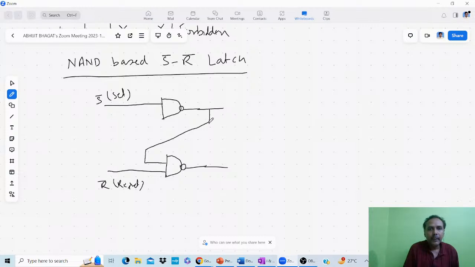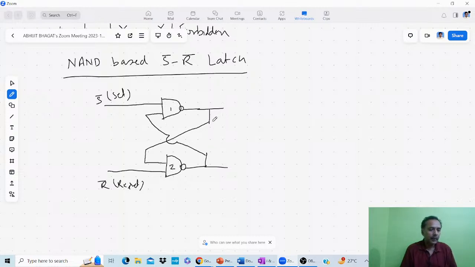Suppose this is gate 1 and this is gate 2. So gate 1 output is one of the inputs of gate 2. Same, gate 2 output is input to gate 1.